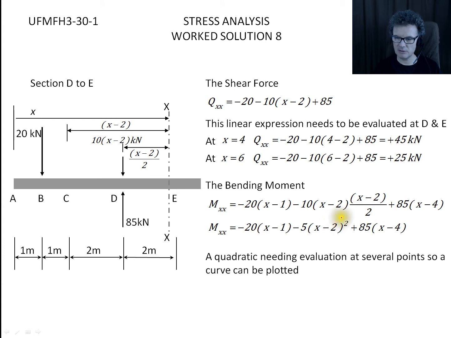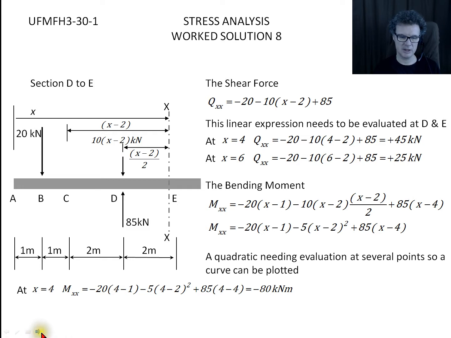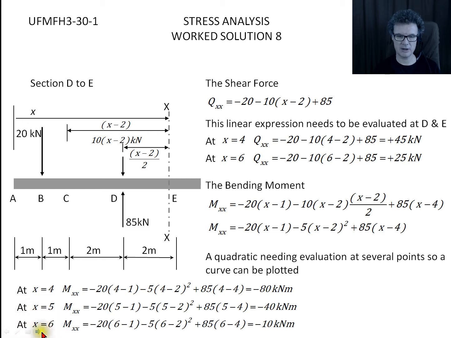So this equation, because of that quadratic there, really needs several points to be plotted to get a decent curve. So you probably want to take it in steps of about 0.5 or 0.25, those sort of numbers. They've taken it at the 4 position, the 5 position, and the 6 position.